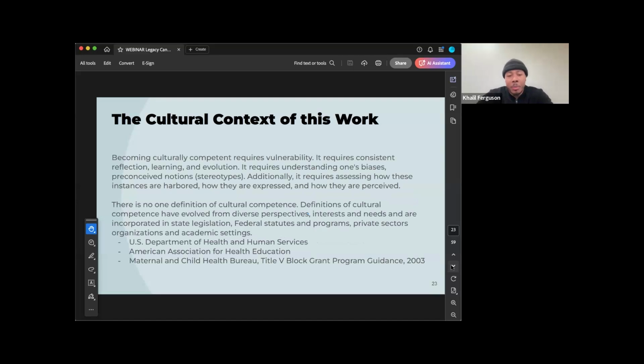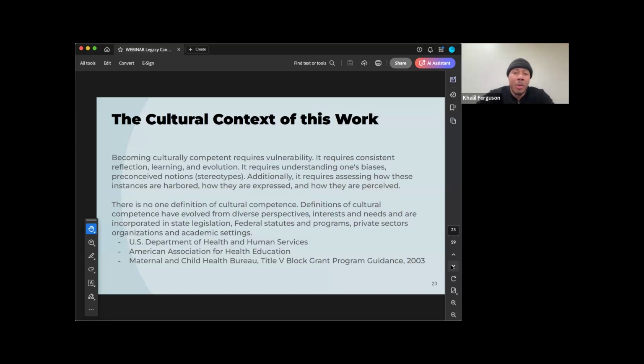So I don't want to read off the screen, but it's there for everyone to read along and understand the importance of cultural sensitivity and cultural competency in CBPR methodology and research similar to this. It is pretty important to say that becoming culturally competent requires a level of vulnerability. But we're not here to define cultural competency, and not here to adopt a theory of what cultural competency is.